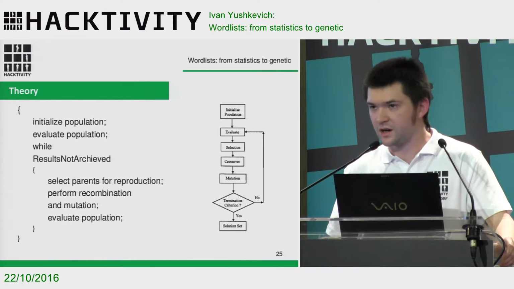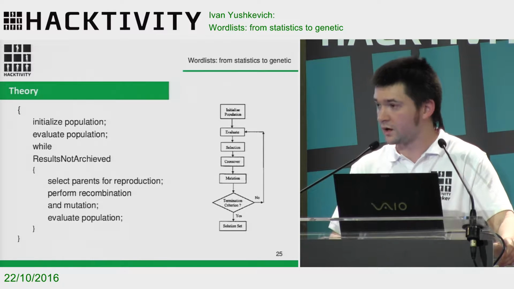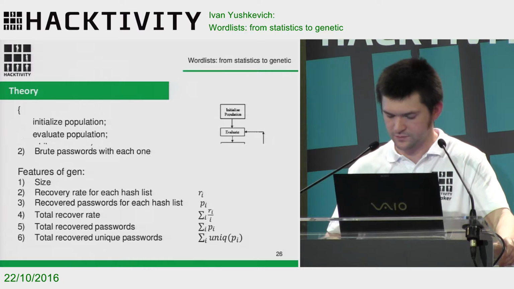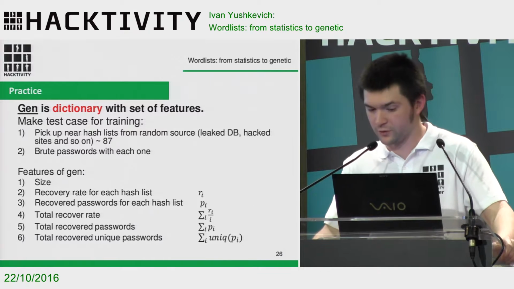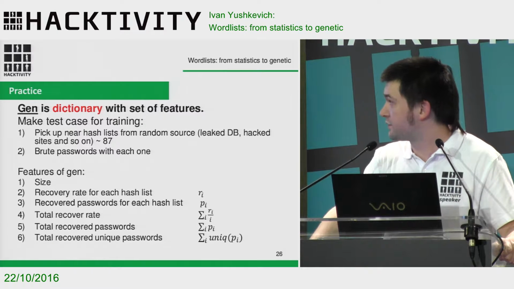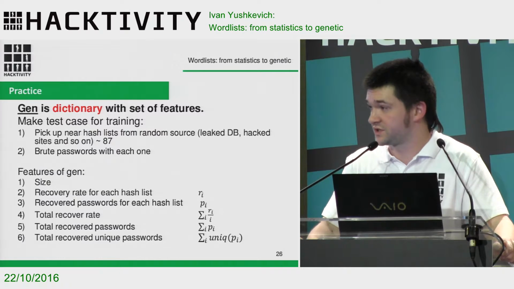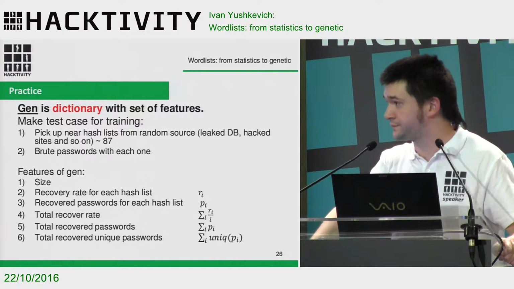So let's see how this information can be applied to dictionaries. First of all, a gene is a dictionary. It's very important. Each gene contains some set of features. What are they?